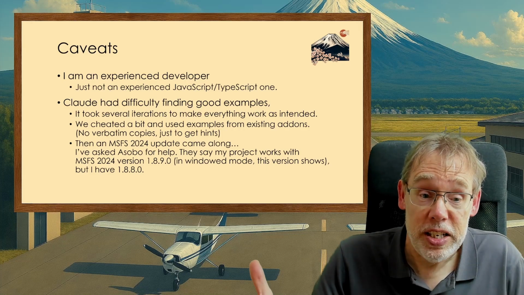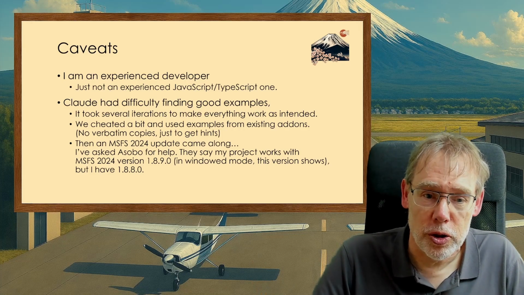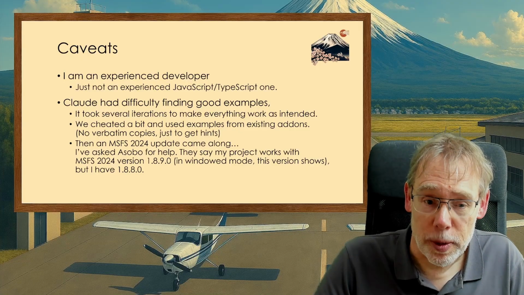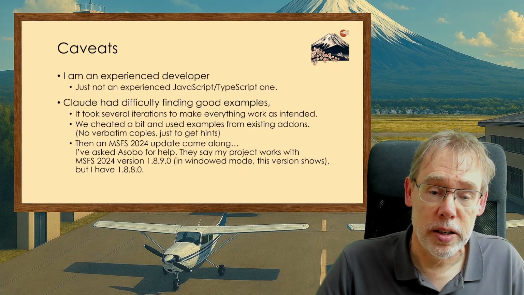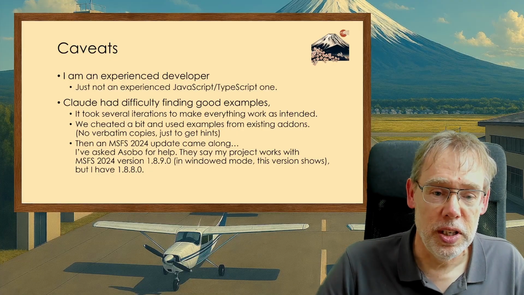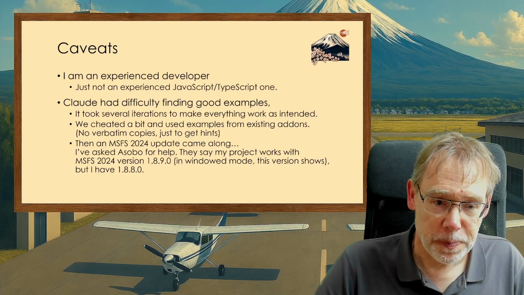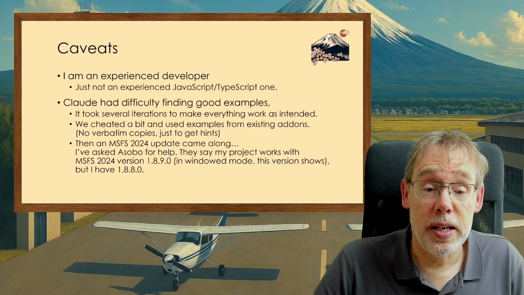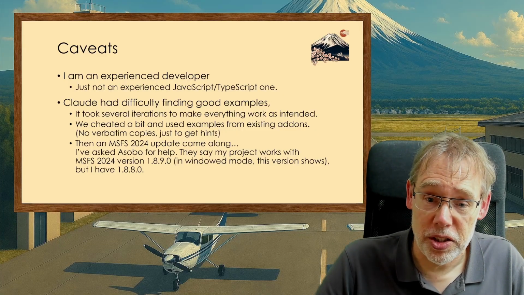And I simply didn't know, because there was no documentation and no example. I mean, there is an EFB example, and there are JavaScript gauge examples, but not for the dialogues. So we cheated a bit and used some examples from existing add-ons.